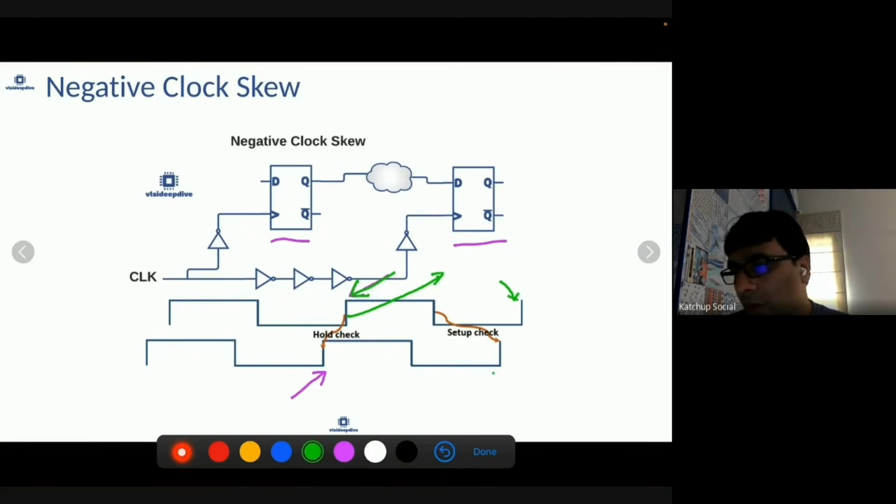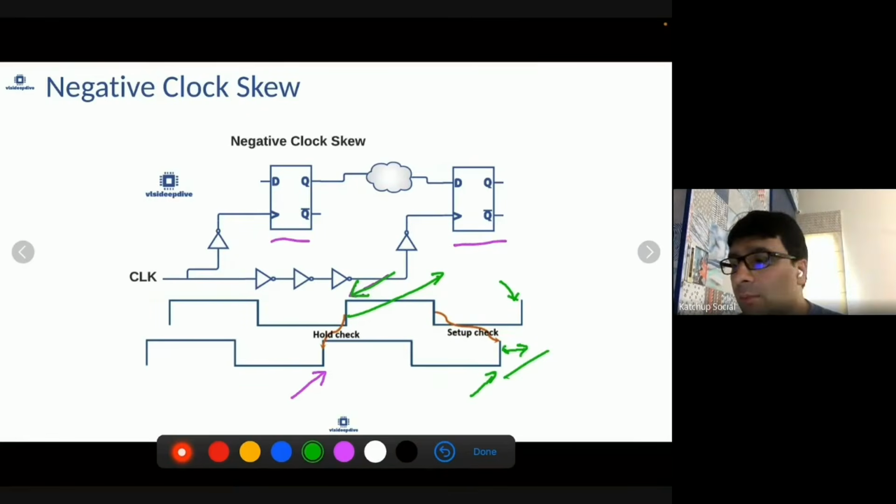But now because of clock skew, the capture is reaching earlier. So you have a little bit less time window to meet setup. And this is known as negative clock skew, that your capture clock has lesser delay or is reaching earlier. So clock network, because of different delays, can impact setup and hold time, and we'll understand those calculations in the next topic.